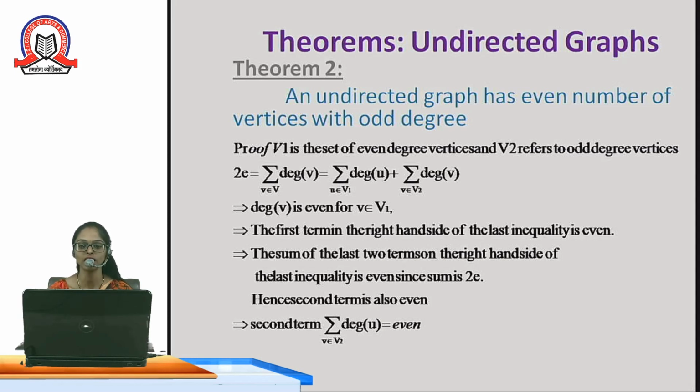The sum of the last two terms on the right-hand side is even since the sum of these two vertex sets is 2e. Hence the second term is also even, because the subtraction of two even numbers gives an even number. Therefore, the number of vertices with odd degree is even.